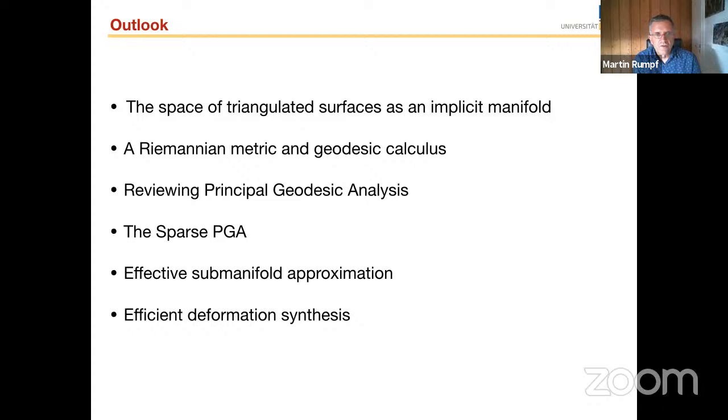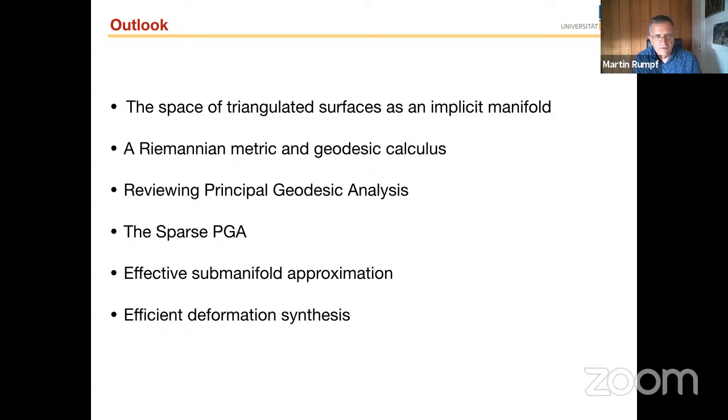Then we will learn about the Riemannian metric on this space of triangulated surfaces and develop a geodesic calculus, which consists of geodesics, logarithm, exponential map, Fréchet average, and covariant derivative, parallel transport, and so on.